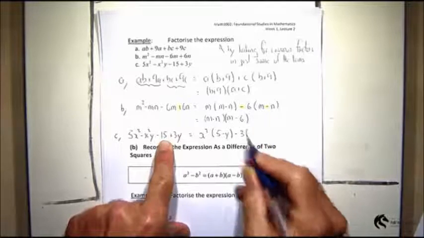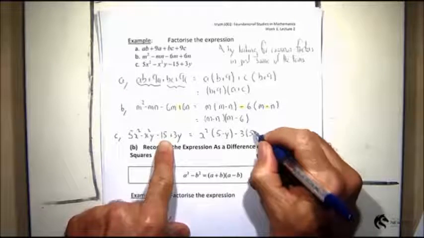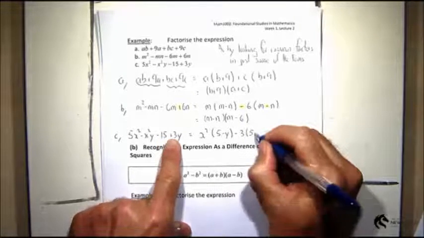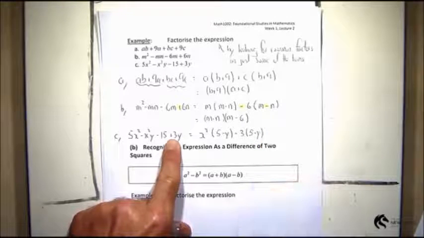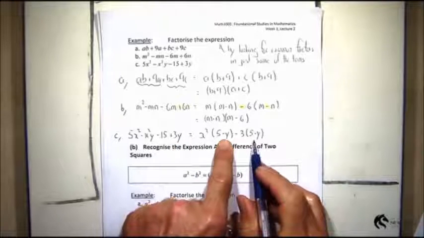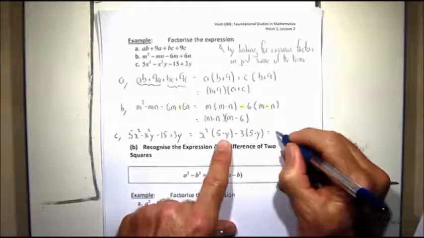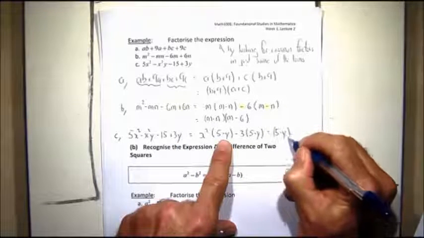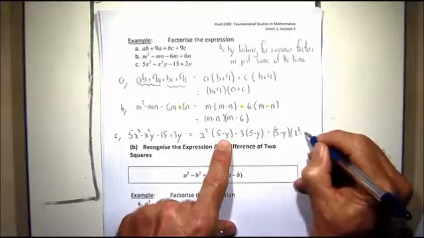And that now, minus 3 times 5 gives me minus 15. Minus 3 times minus y gives me plus 3y. And that's nice because my 5y is now common. So 5 minus y, x squared minus 3.